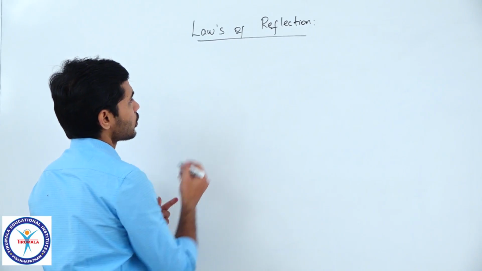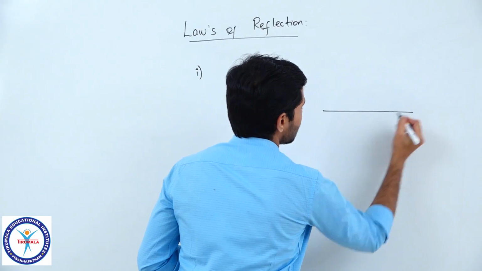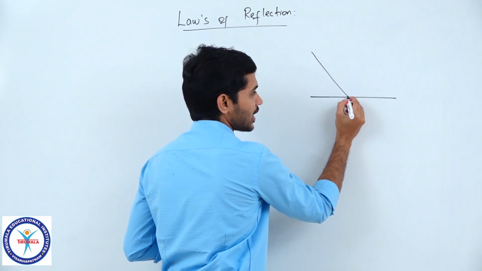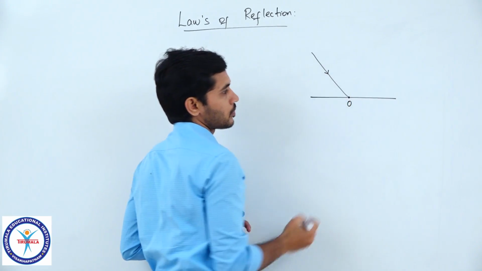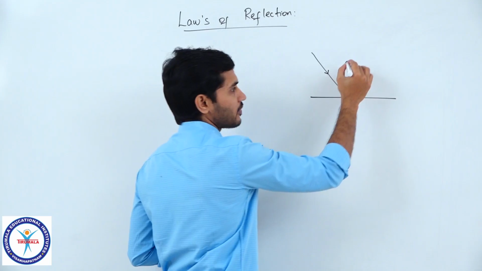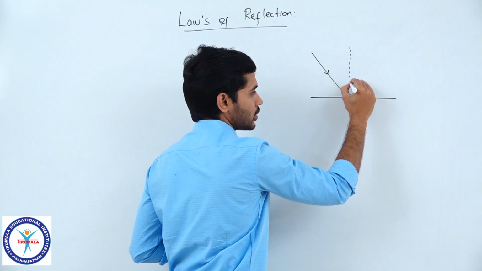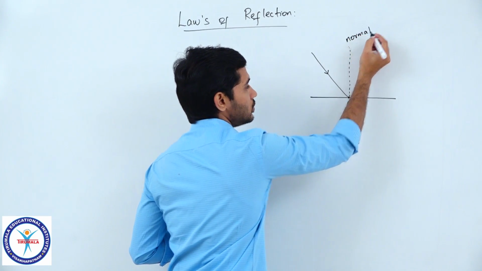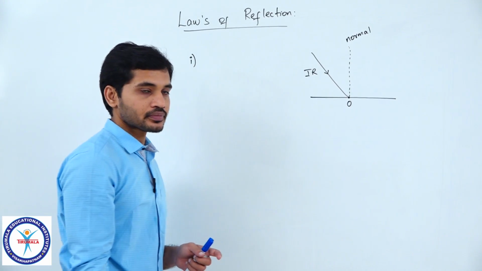The first law: whenever we have a surface onto which a light ray is incident, and the light ray is striking at this point, let us call it O. If I draw a perpendicular to that surface at that particular point, we call that the normal, and this light ray I will call the incident ray.